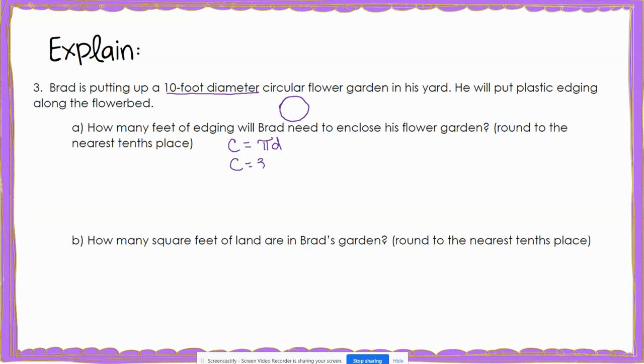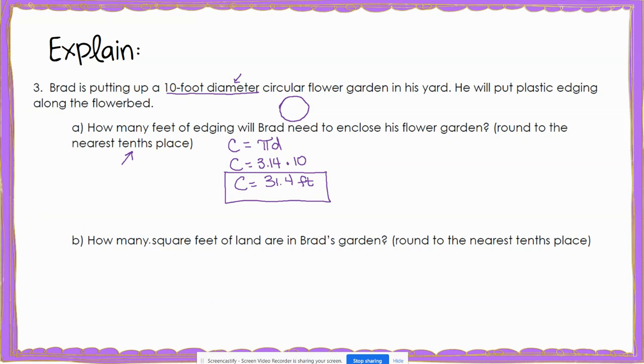Well, we know that pi is going to be 3.14, and according to the problem, the diameter is 10. So we are going to multiply 3.14 times 10, which gives us 31.4. And this is measured in feet. Now for this one, I don't have to do any rounding because it's already stopping at the tenths place. So I am just going to use 31.4 for my circumference.